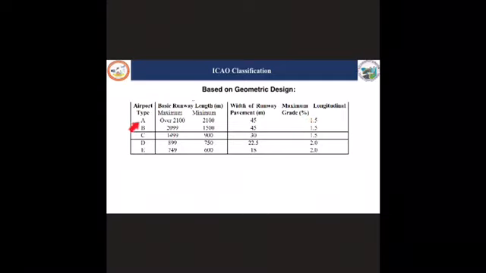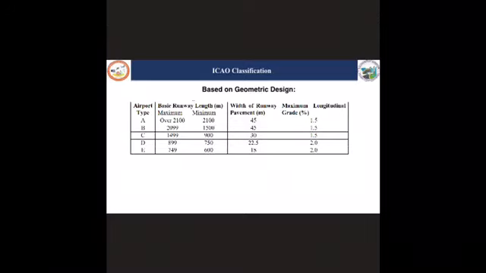For type A airport, we must have a runway length of more than 2100 meters. It is one of the conventional takeoffs where the runway length is more than 1500 meters, the width of the runway is 45 meters and the longitudinal gradient is 1.5 percent.